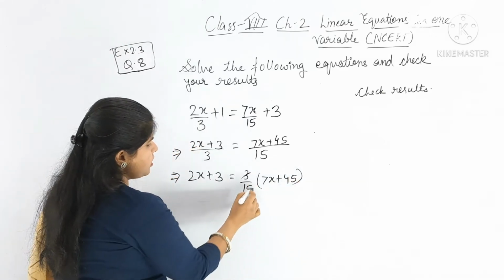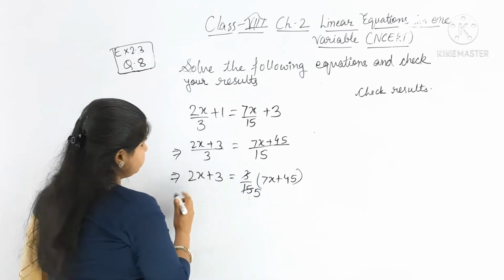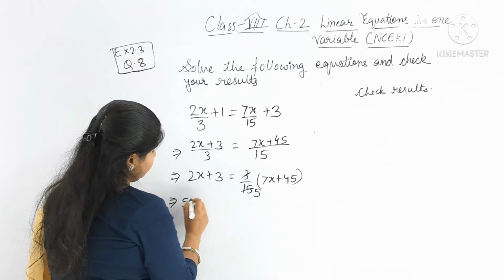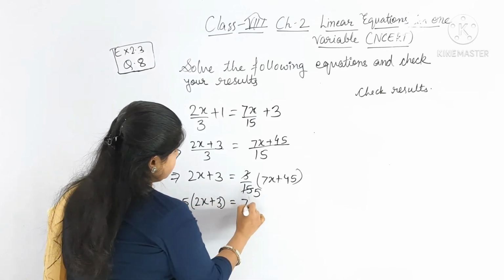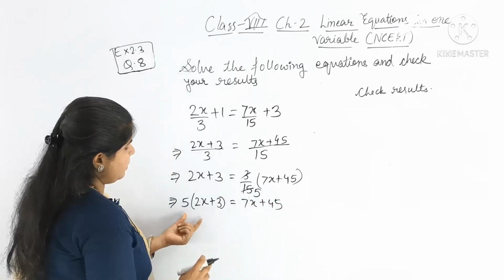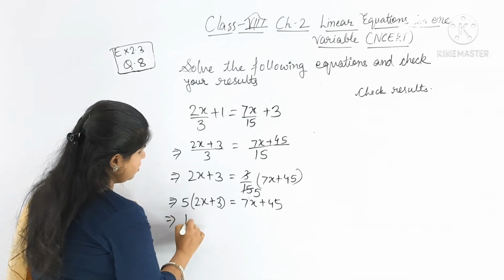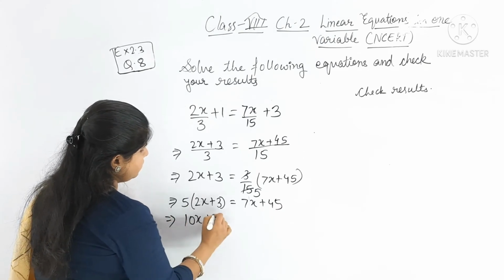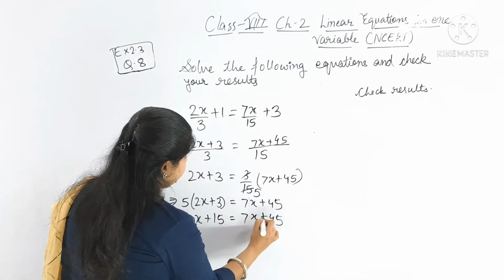So 3 ones are 3, 5s are 15. So 5 I can transfer to here. Cross multiply. 7x plus 45. So we have to multiply 5 with this bracket one. 5 2s are 10x, 5 3s are 15, 7x plus 45.